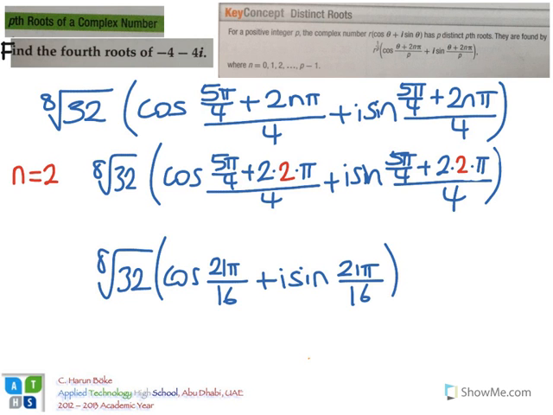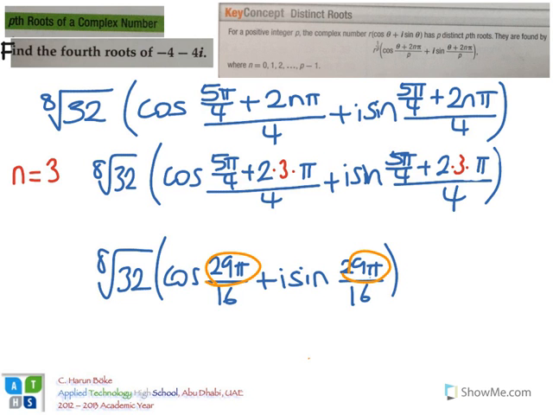So the third fourth root will be the 8th root of 32 times cosine of 21 pi over 16 plus i sine 21 pi over 16. And finally, when we have n equals 3, after doing the calculations, we get 8th root of 32 times cosine 29 pi over 16 plus i sine 29 pi over 16.